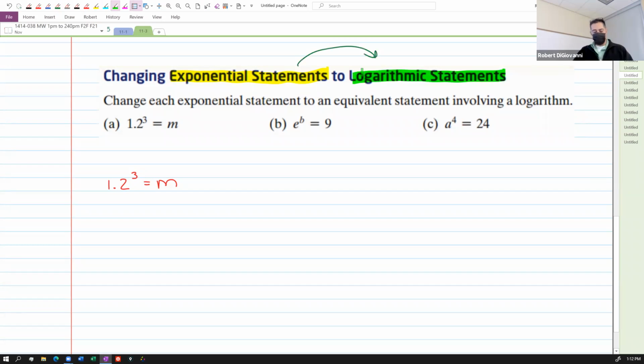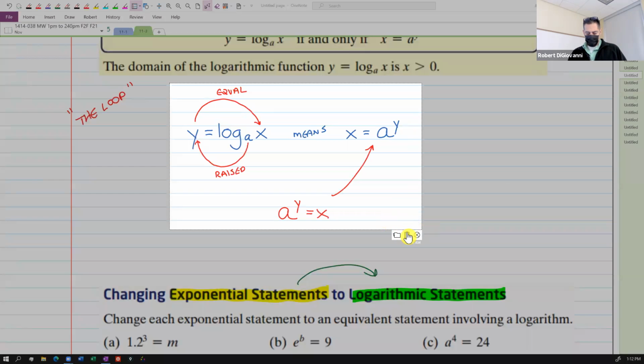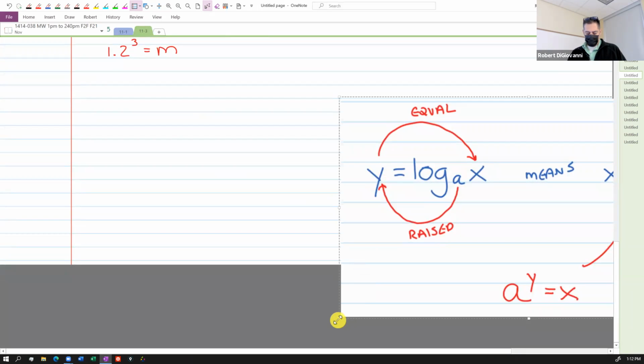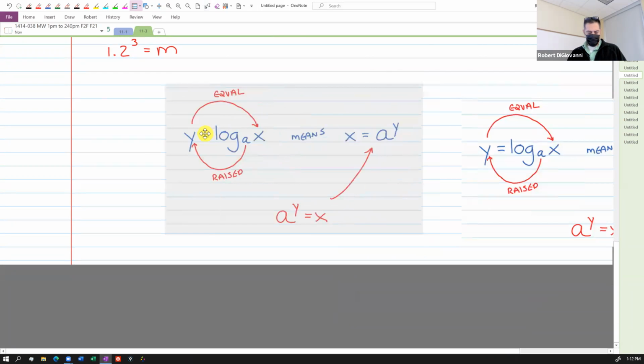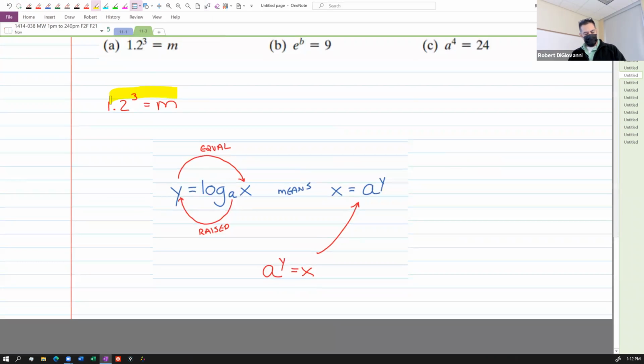So the way we do this is you think about that loop. Let me bring that loop down here. Right now what we're looking at is an exponential statement, which would be equivalent to this side of the equation over here.